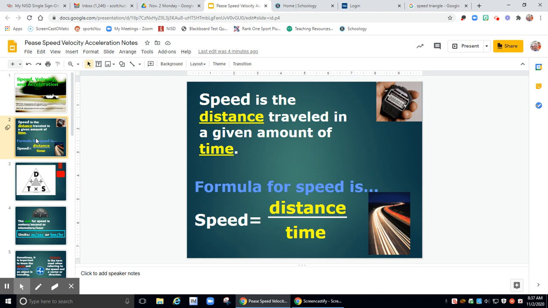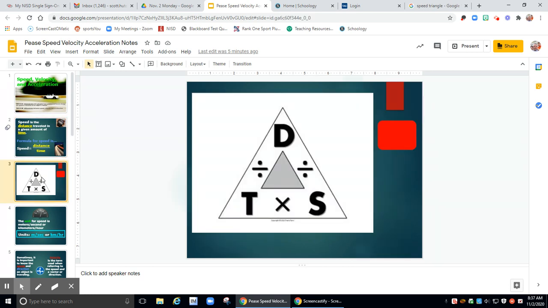So how you change your speed determines how long it will take you to get from point A to point B. So what is the formula for speed? Speed is distance, how far you've traveled, divided by the time, how long it takes you to travel that distance, and that will give you your speed. And when we are calculating it, we can use a triangle just like we used last week with force equals mass times acceleration.